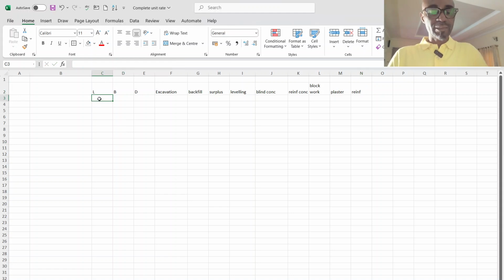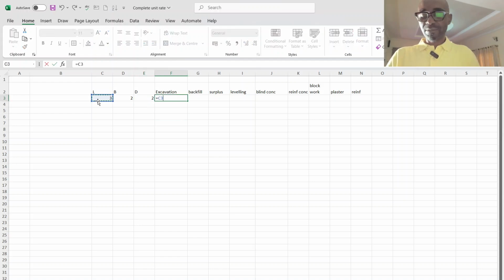So see, I have my 3 meter, I have my 2 meter, I have my 2 meter depth. So my excavation is this plus 0.5 times this plus 0.5 times this.